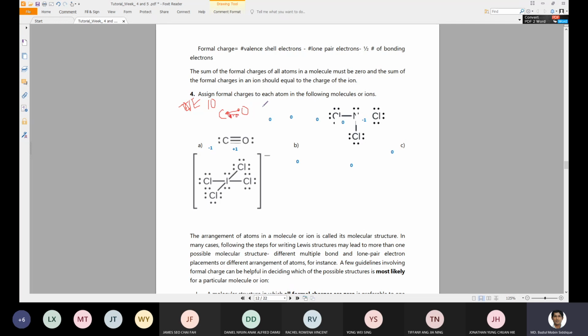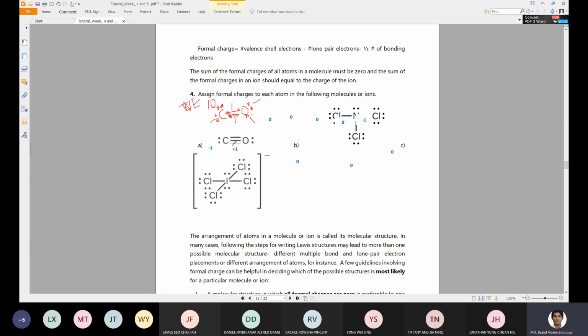So 2 to 4 gone, and the remaining 6 electrons should be put here, and the 2 is here. So 1, 2, 3, 4, 5, 6, 7, 8, 9, 10. Another 2 electrons should be here.